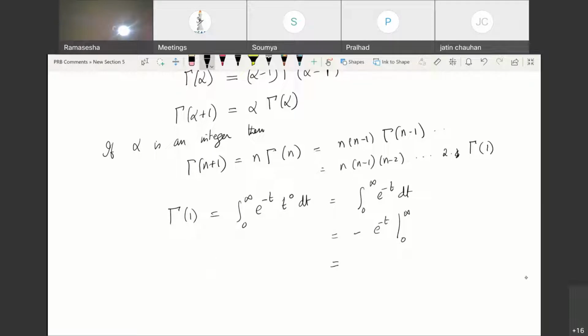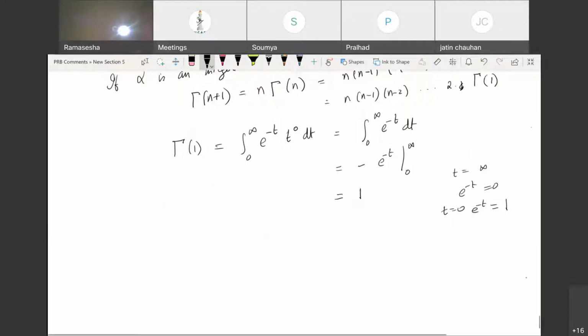This happens to be 1, because when t is equal to infinity, e to the minus t is equal to 0, and when t is equal to 0, e to the minus t is equal to 1. And since this is with a minus, the term is going to give me 1.